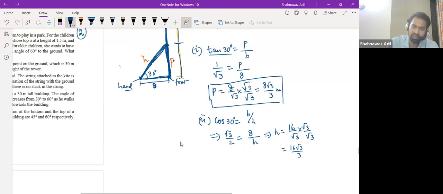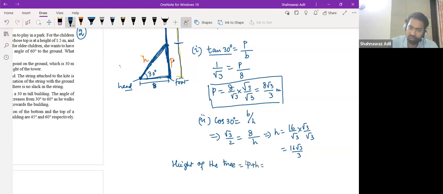So the height of the tree would be B plus H. So this is 8 root 3 by 3 plus 16 root 3 by 3. So this is how much? 24 root 3 by 3. So this is 8. So 8 root 3 would be the height of the tree.